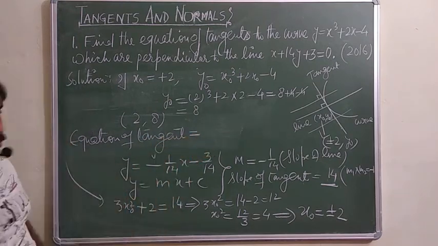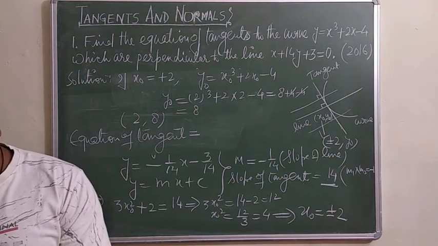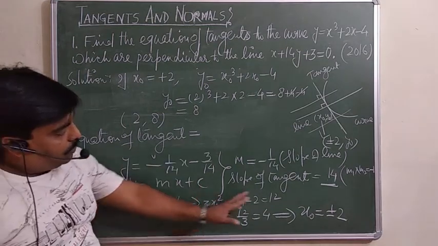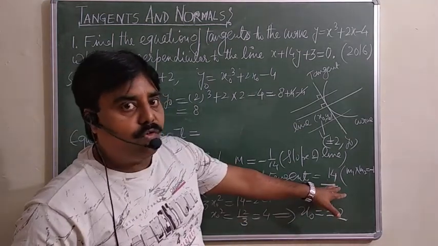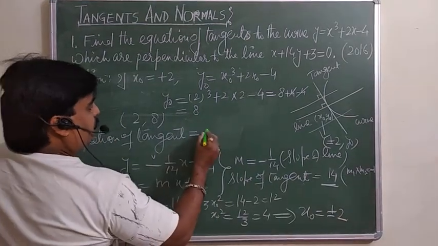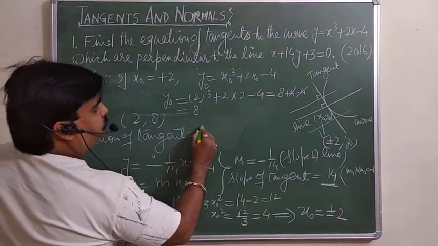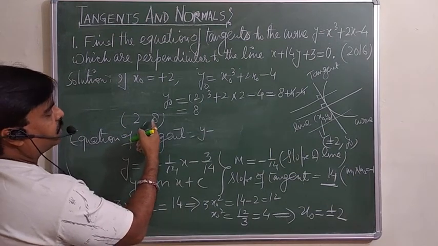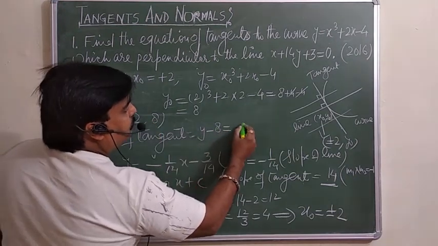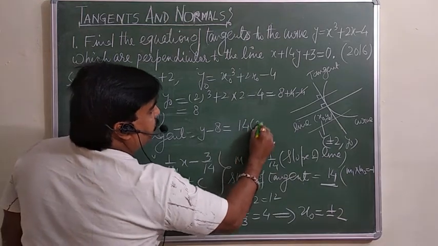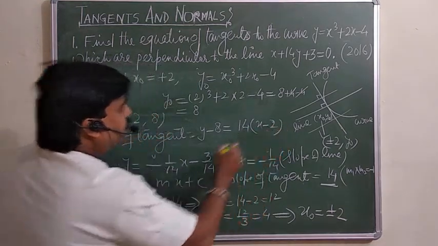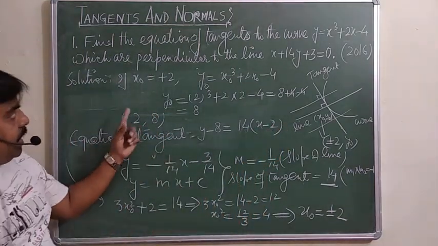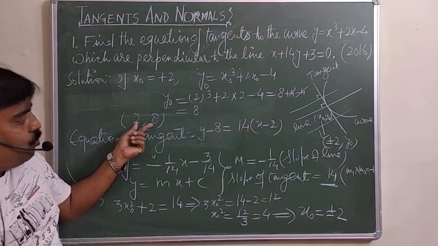But in that case you must know the slope. We already know the slope of the tangent is 14. So you can write y minus y1, where y1 means y0, which is 8, is equal to 14 into x minus 2. This is the equation of the first tangent, in case the coordinates are 2 and 8.